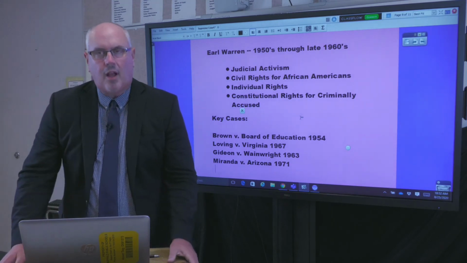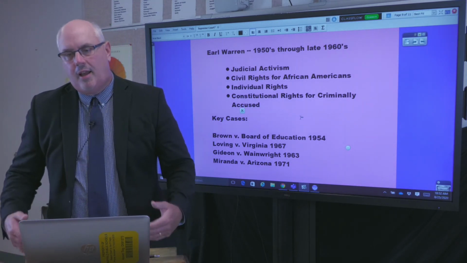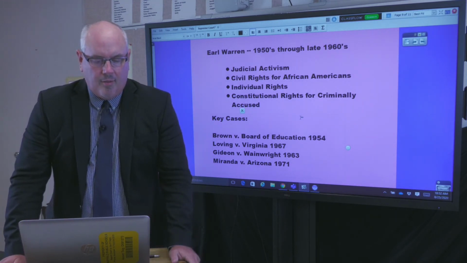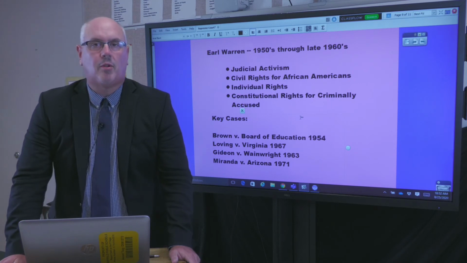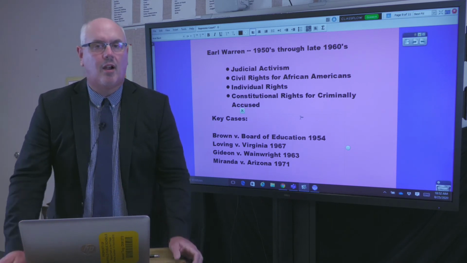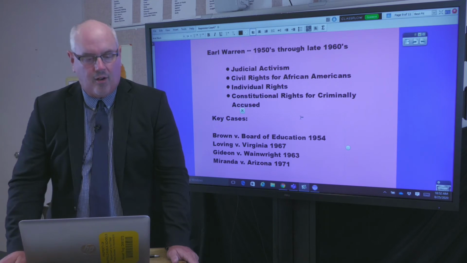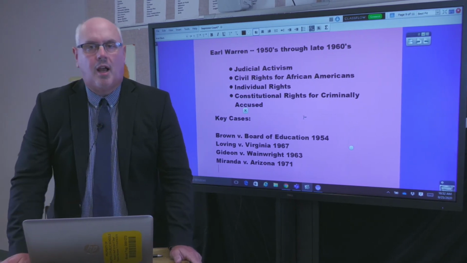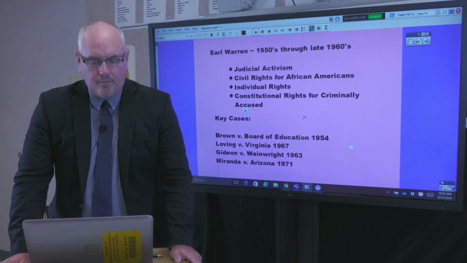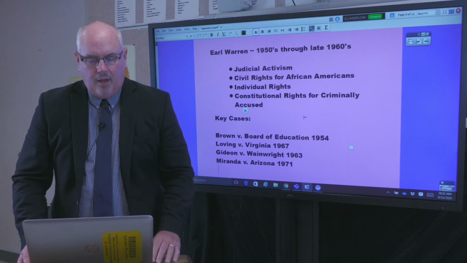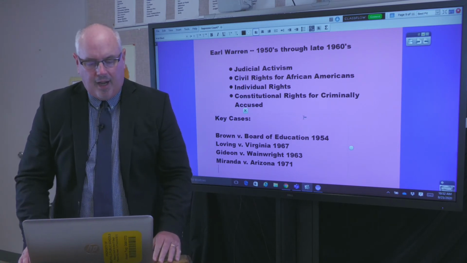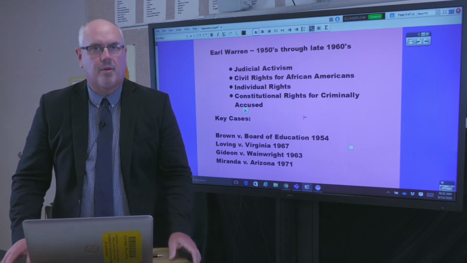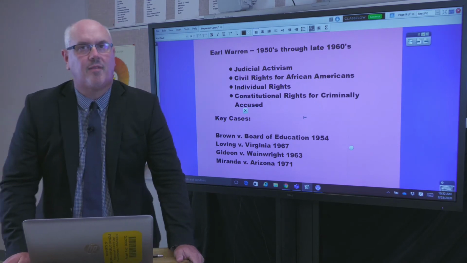So in the southern part of America, we have actual legal segregation going on from the 1870s up through the 1950s. And the first major case with the Warren Court is the Brown versus Board of Education decision, 1954.